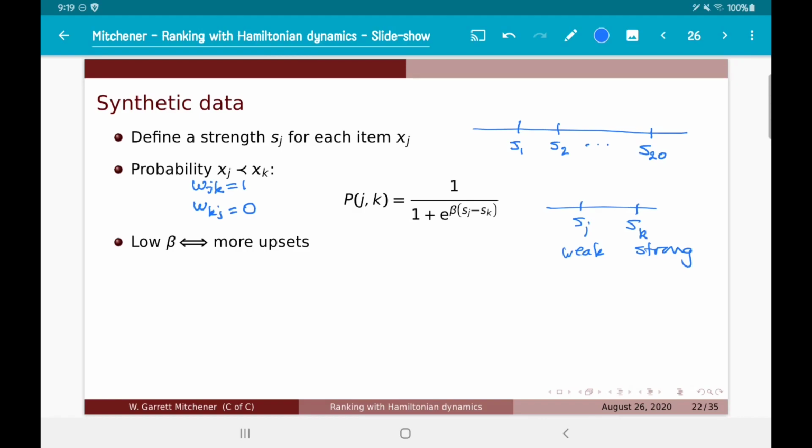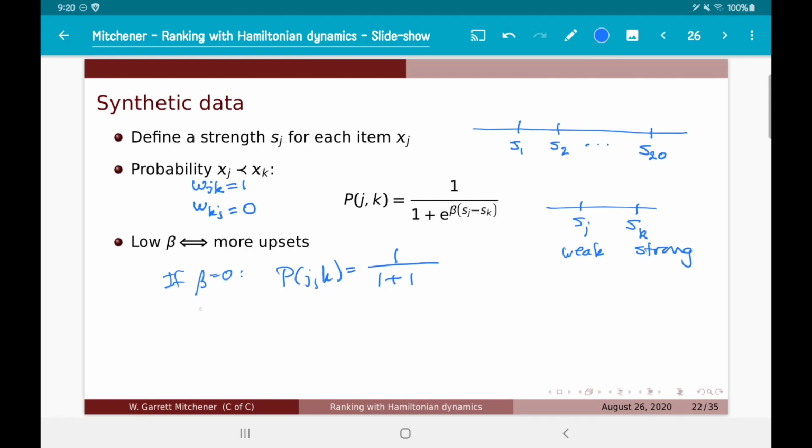For low values of beta, the effect here is sort of muted, and you're more likely to get upsets. In particular, if beta is equal to 0, then when you work this out, you get that the probability that J comes before K ends up being just 1/2.